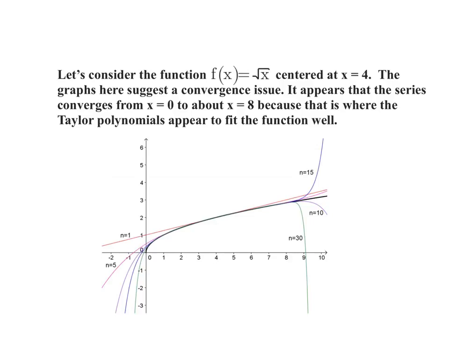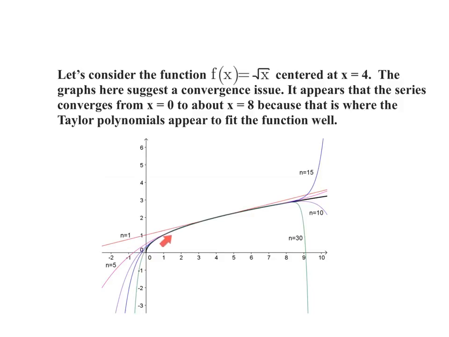All right, so let's consider the function f of x is equal to square root of x, centered at x equals 4. The graph here suggests that there's a convergence issue. It appears that the series converges from x equals 0 to about x equals 8, because that is where the Taylor polynomials appear to fit the function well.